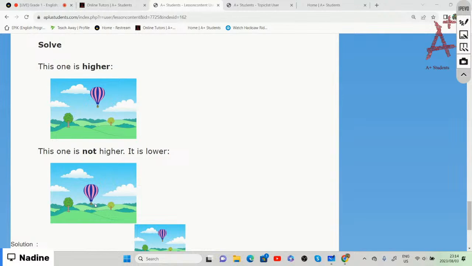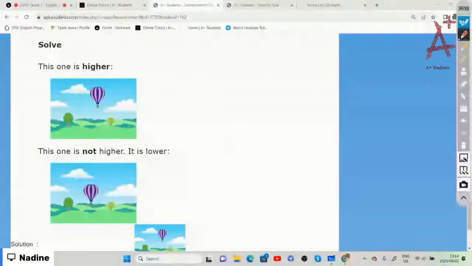The bottom one, you can still see that it is not as high, because the basket of the balloon is still close to the trees, whereas the top one is higher than the clouds. So if we compare these two and say which one is higher, we can say that the top hot air balloon picture is higher. So this one is higher.